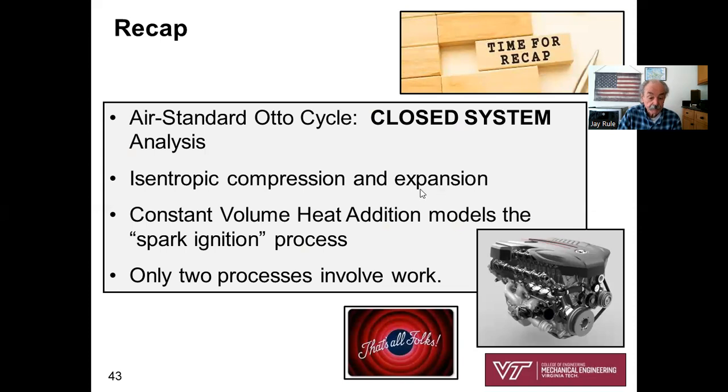The constant volume heat addition for the Otto cycle is what models the spark ignition combustion process. And another neat thing to remember about the pressure-volume diagram for the Otto cycle model is that only 2 of our 4 processes involve work. The other 2 do not involve work.